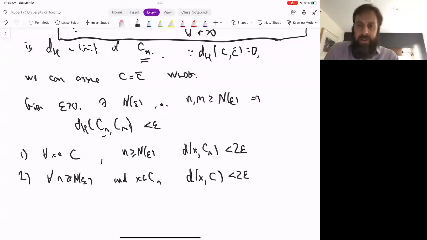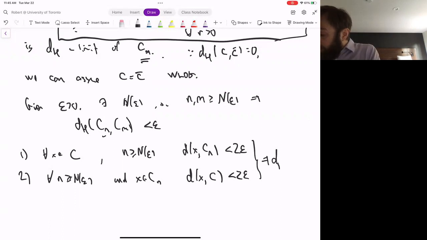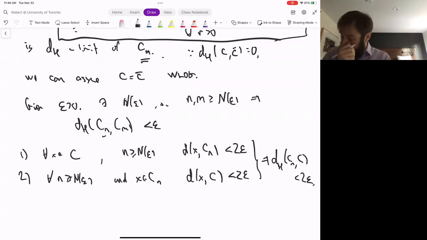Those are the two things that I need to check. These two things together show that the Hausdorff distance between C_n and C is less than 2 epsilon, and then I'd be done.